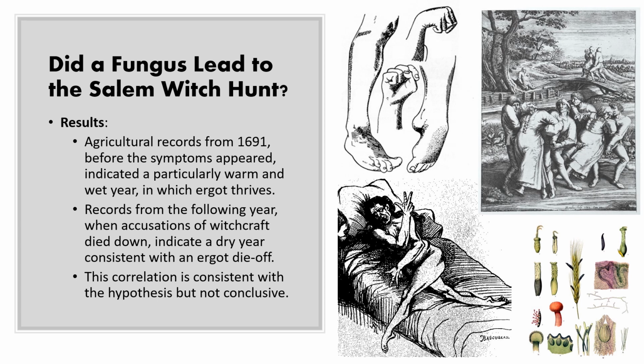But it is possible that ergot poisoning led to these symptoms that then had people confused, and because they didn't understand science in many ways, instead of going to ergot poisoning, they went straight to, they must be witches.